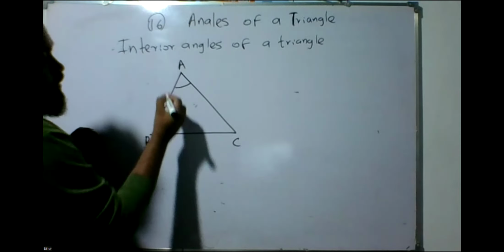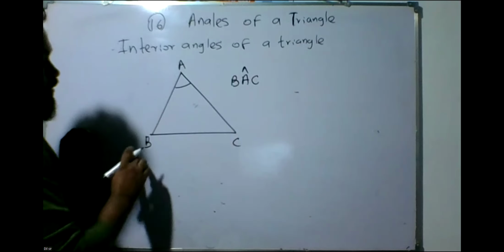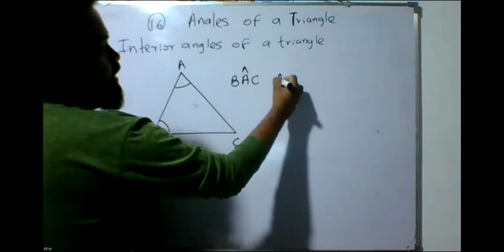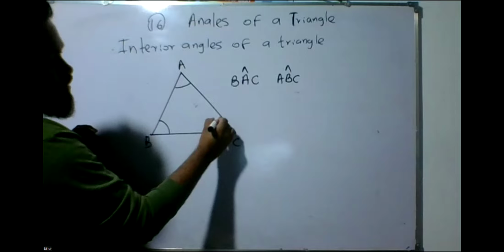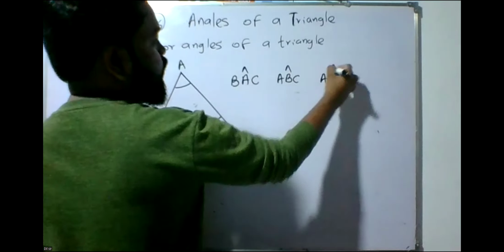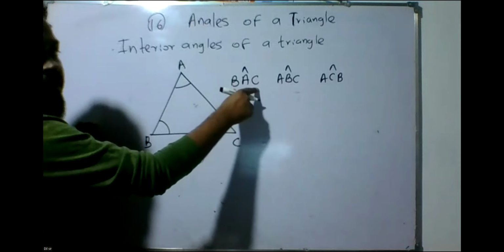This is B, A, C. This is A, B, C. This is A, C, B. If you want B, A, C, we can write it as C, A, B. These two letters can be changed.